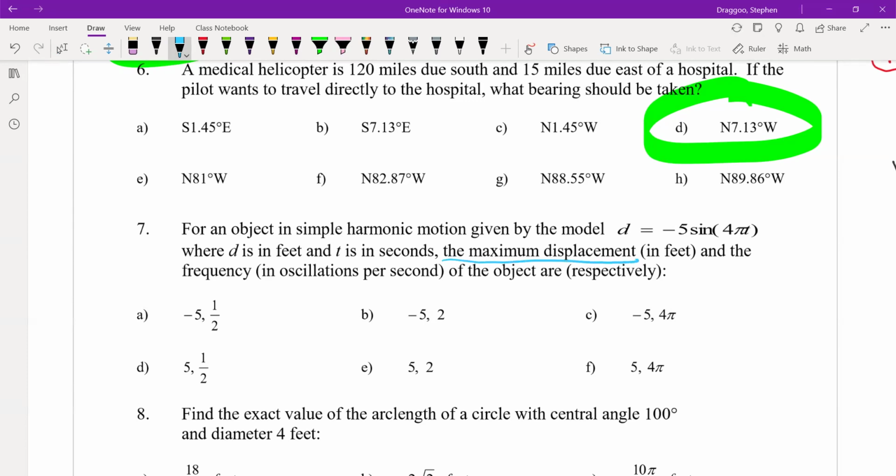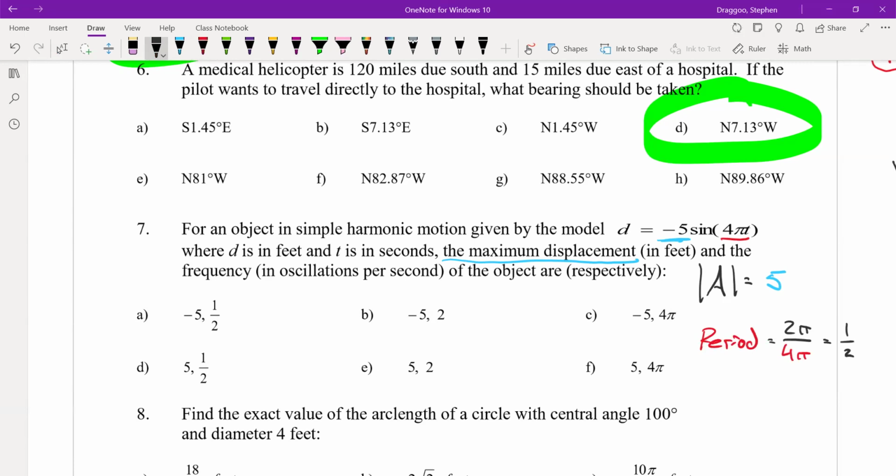Just remember that the maximum displacement is the amplitude. So I care about that -5 right there. The amplitude here, which is the absolute value of A, is equal to 5. Up next, I'll get the period, which is 2 pi over B, which in this case is 4 pi, making that 1/2.